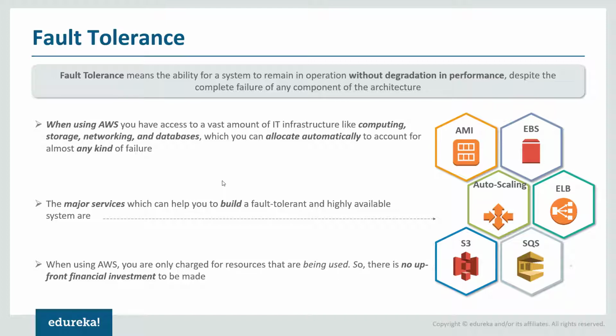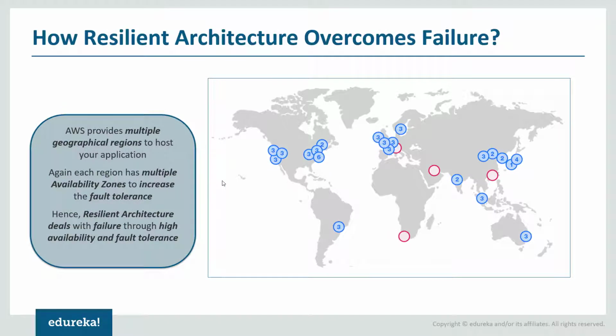We are talking about high availability and fault tolerance. How about resilient architectures? As I was telling you, AWS is located throughout the world. You have many regions across the world by which you can ensure that your application is highly available. In case any fault happens, the moment a recovery happens, you have systems that can take care of the load.